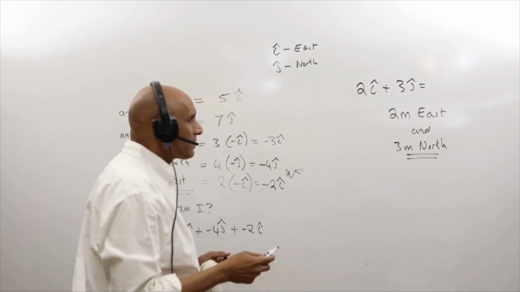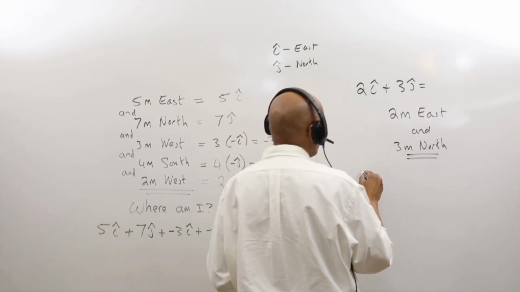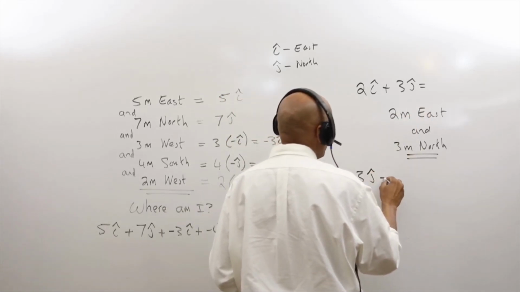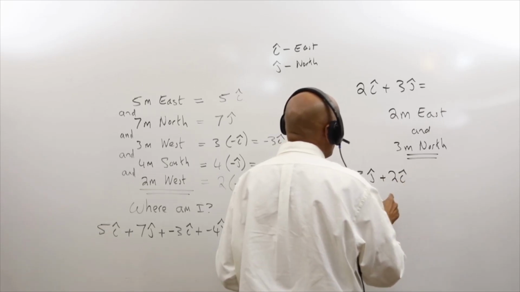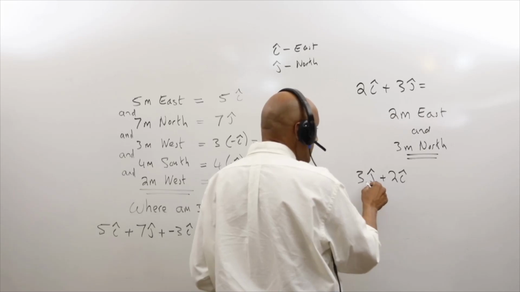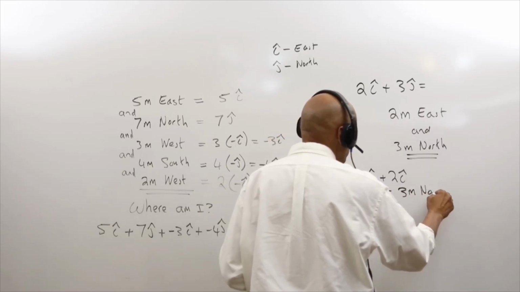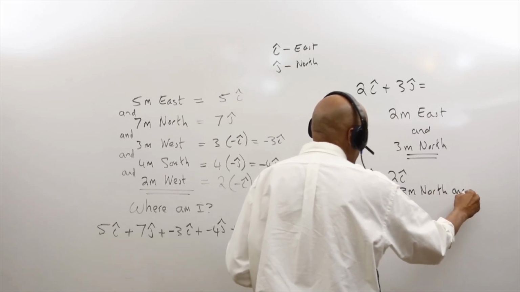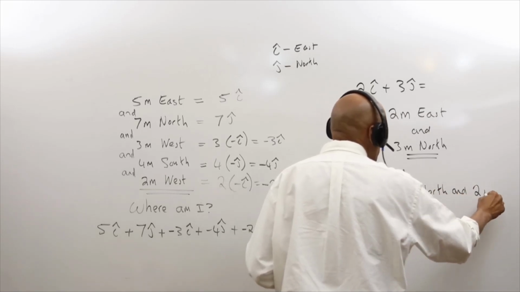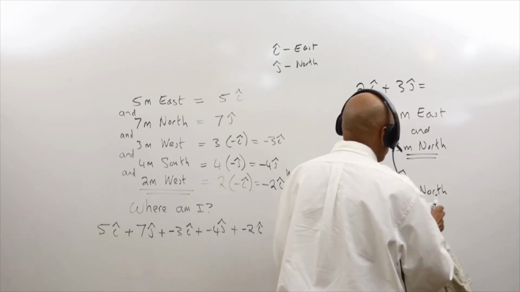But the question is, is that the same as writing another symbol? What if I write down 3j plus 2i? Are these two things the same? Well, let's see. This is the statement that says travel 3 meters north and 2 meters east. And actually, let me put it on the next line.